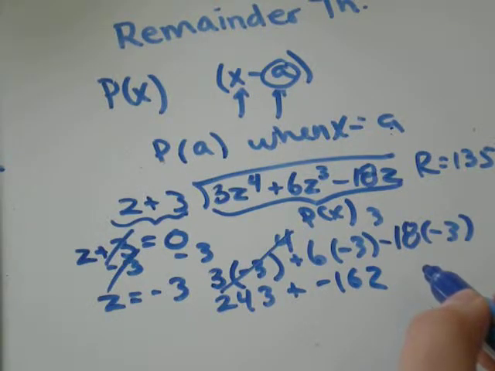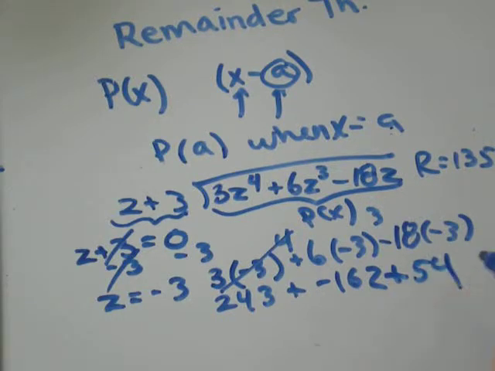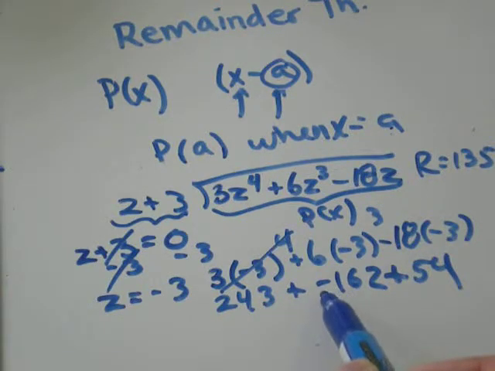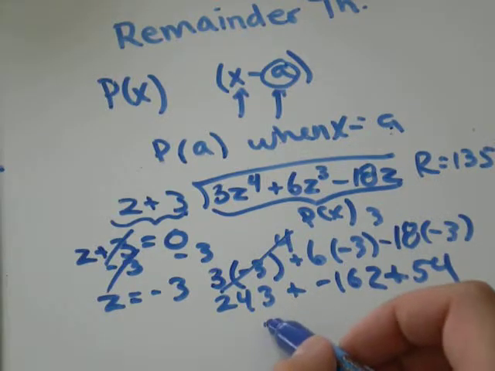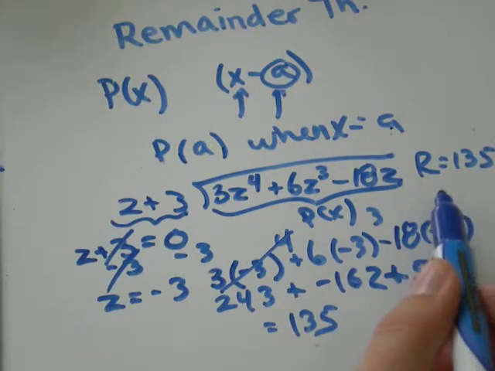Negative 18 times negative 3 is equal to positive 54. 243 minus 162 plus 54, I get that equals 135, which is exactly what I would have expected because when I did it using long division, that's what I found.